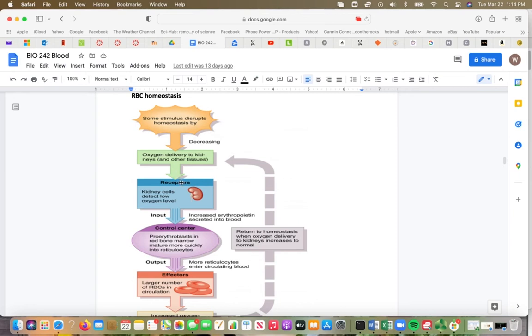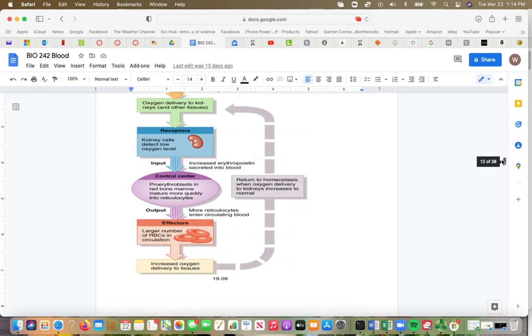The kidneys detect that low oxygen, and they're going to secrete the erythropoietin into the bloodstream. That's going to cause the red marrow to produce more red blood cells. You get more red blood cells in the circulation, and then you'll have more oxygen going to the tissues. So it will provide a negative feedback loop and shut things down when oxygen delivery is adequate.